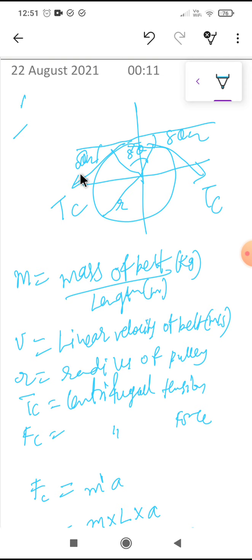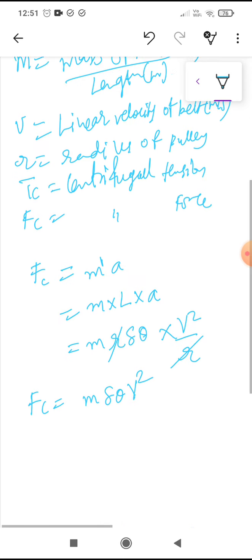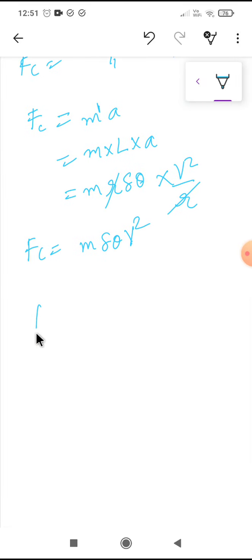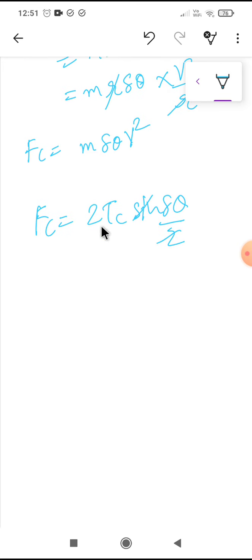This TC is in the downward direction, and this also is in the downward direction. So the total centrifugal force is 2 times TC sine delta theta by 2. As theta is very, very small, we can write sine theta equal to theta, and 2 gets cancelled. So FC will be TC delta theta.